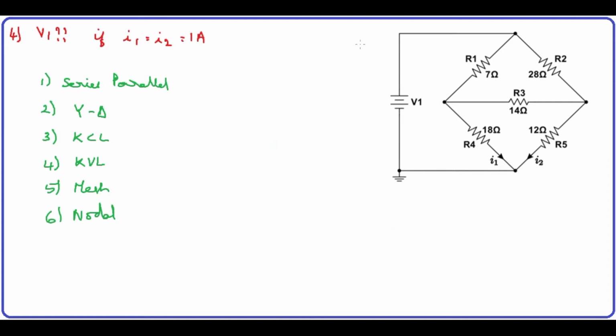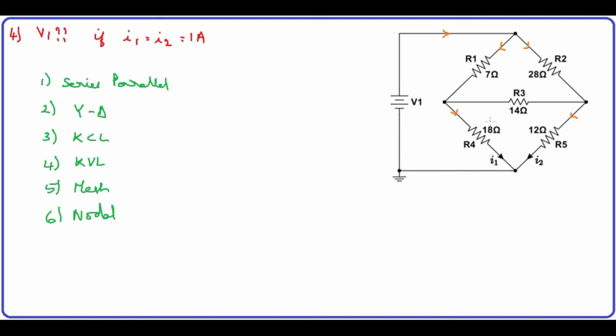First I want to tell you the current direction. These are the current directions. It is dividing into two parts. After that it is going in this way, and it is also going in this way. Now I like to show you the directions. As we know the current I1 and I2 is 1 ampere.